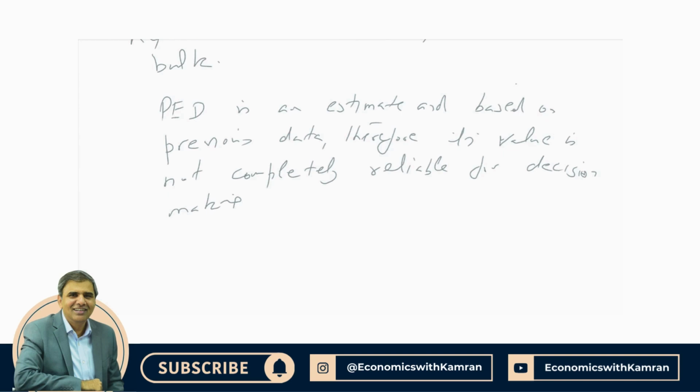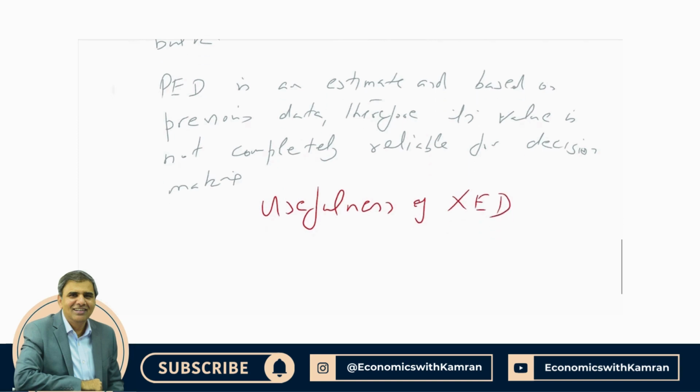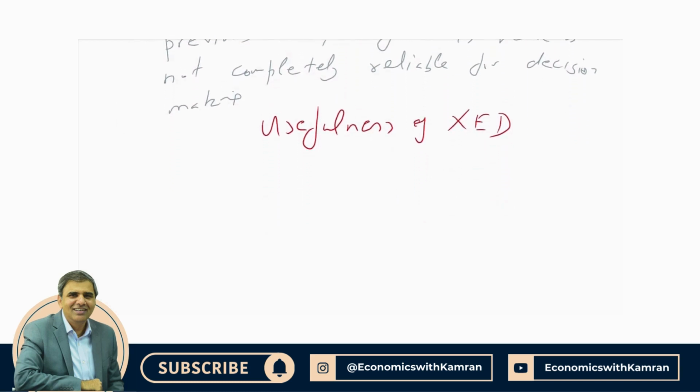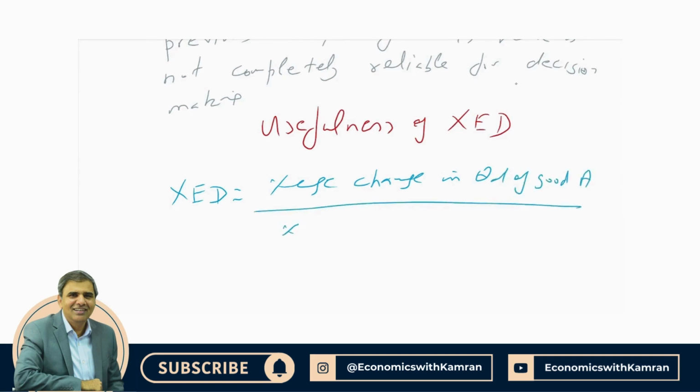Now we move forward, and now we discuss the usefulness of cross elasticity of demand. Now, as I have given the definition of PED while discussing the usefulness, over here I can give the formula for cross elasticity of demand: percentage change in quantity demanded of good A divided by percentage change in price of good B. Do remember to quote two different goods when you talk about cross elasticity of demand.